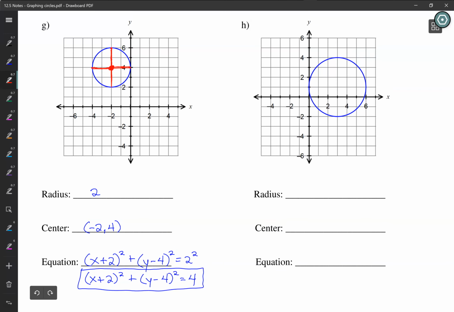Okay, so here's another one. So go from top to bottom and left to right, and where those cross is the center. So that is at 1, 2, 3, up 1. So the center is at 3, 1. And the radius, 1, 2, 3.